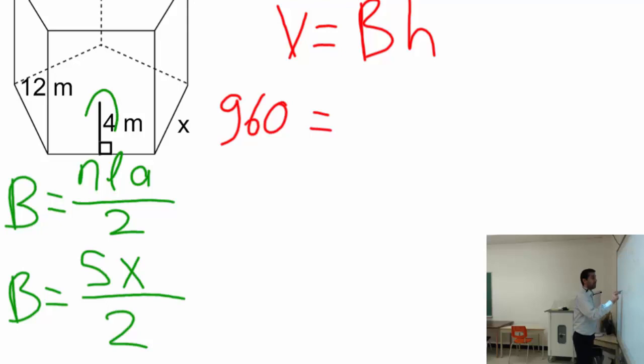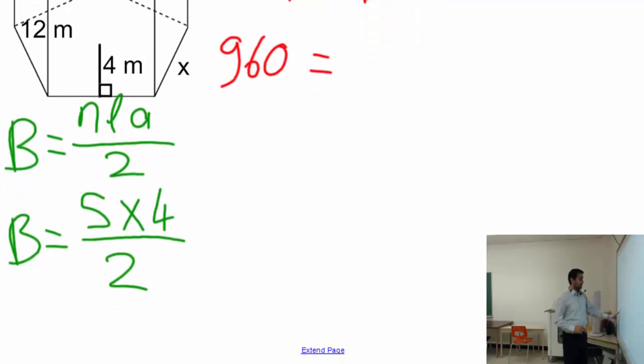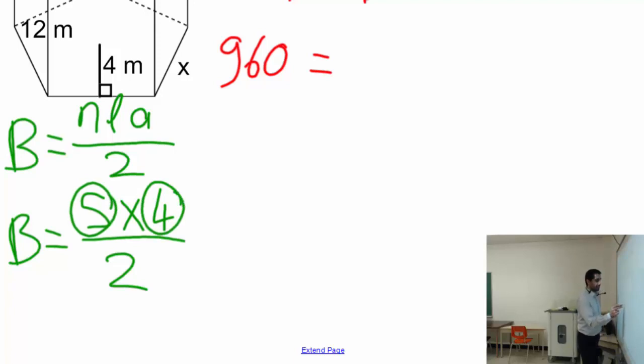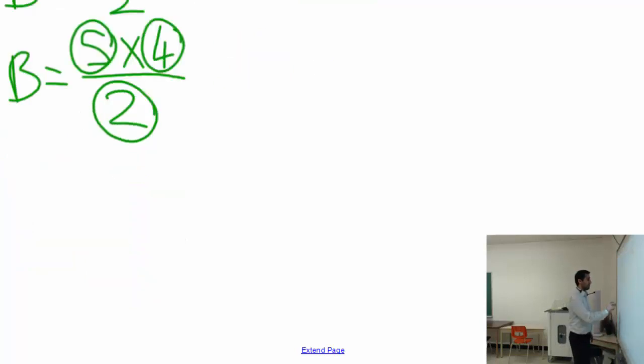A is the apothem, which is here 4. So let me just do the organization here. We have 5 here, 4 there, and 2 here as a division. Let me organize that first. So let's go down a little bit.